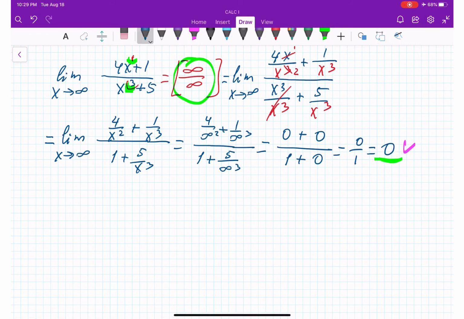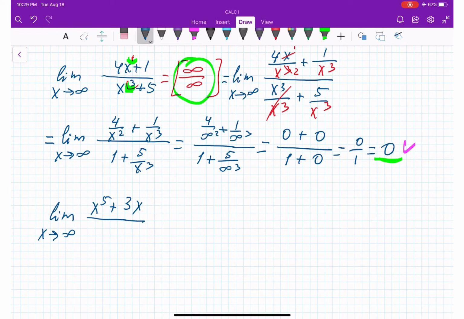For example, the limit as x approaches infinity of x to the 5 plus 3x. You know what, let me solve another example with that 0 so it will be clear.